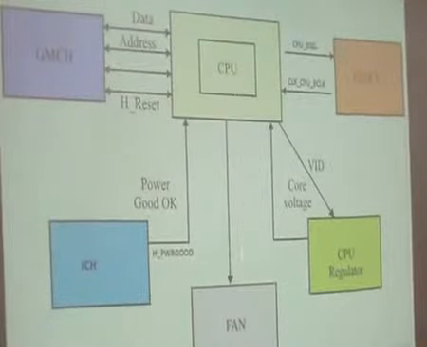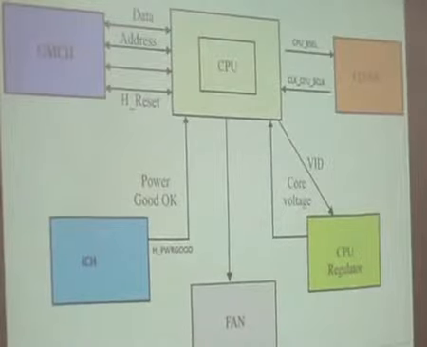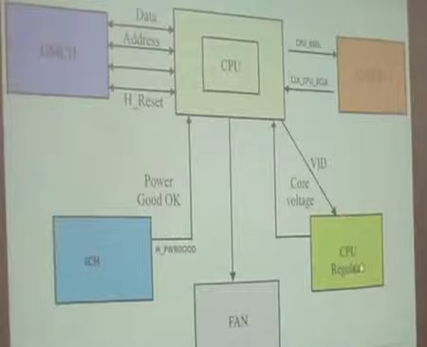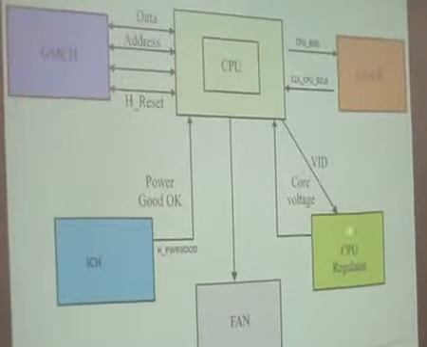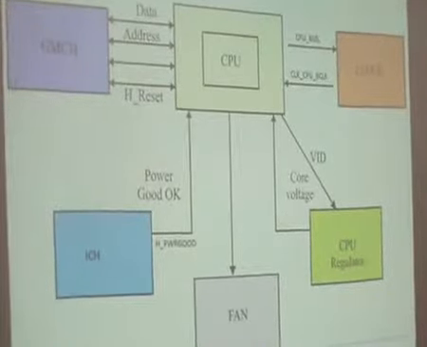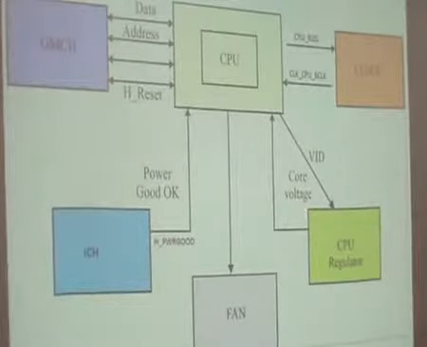The CPU thermal diode, thermal anode, thermal cathode, is connected to the fan. After powering on, the CPU must get the required core voltage, because until it gets the required core voltage, it won't heat up. So this step comes after this.